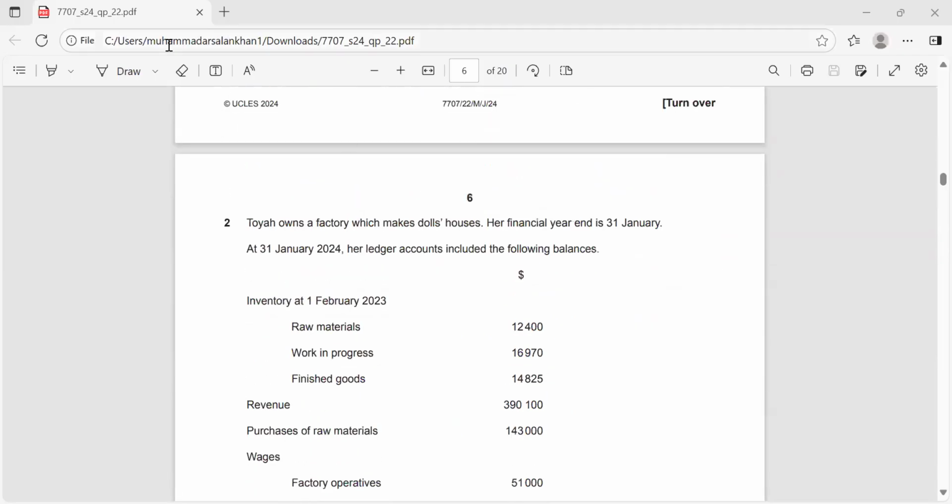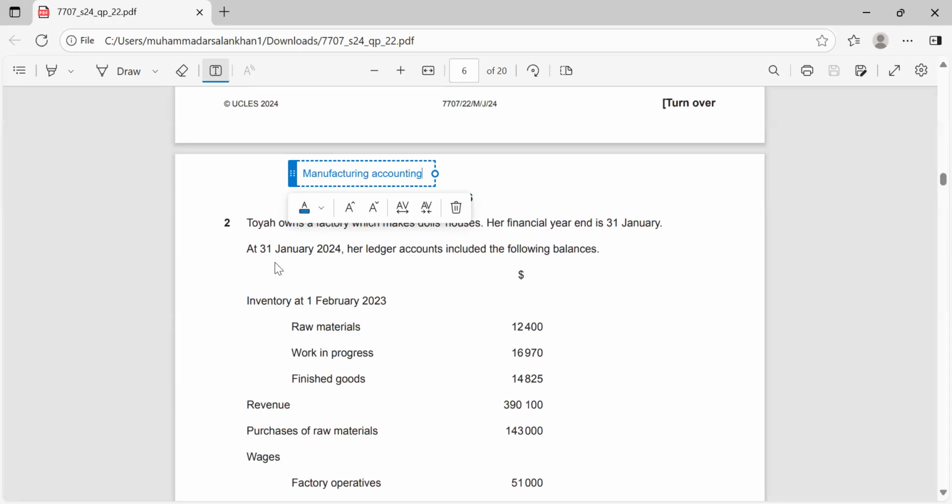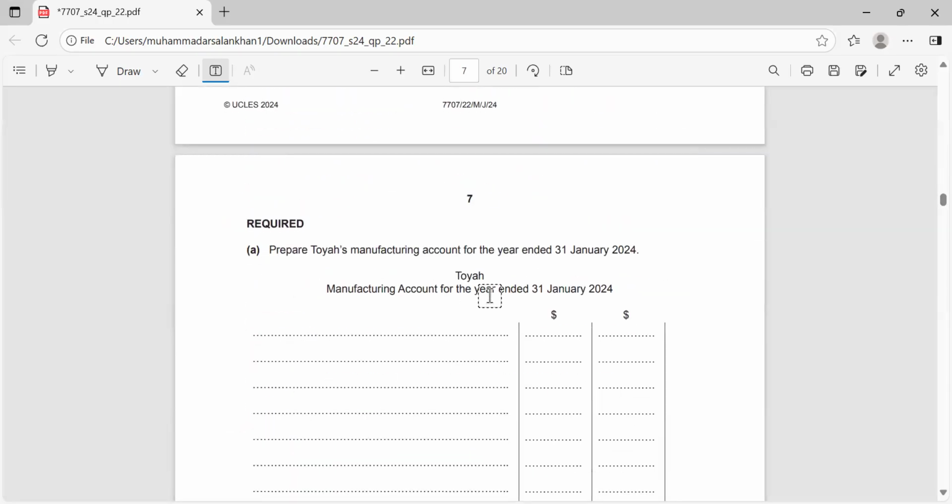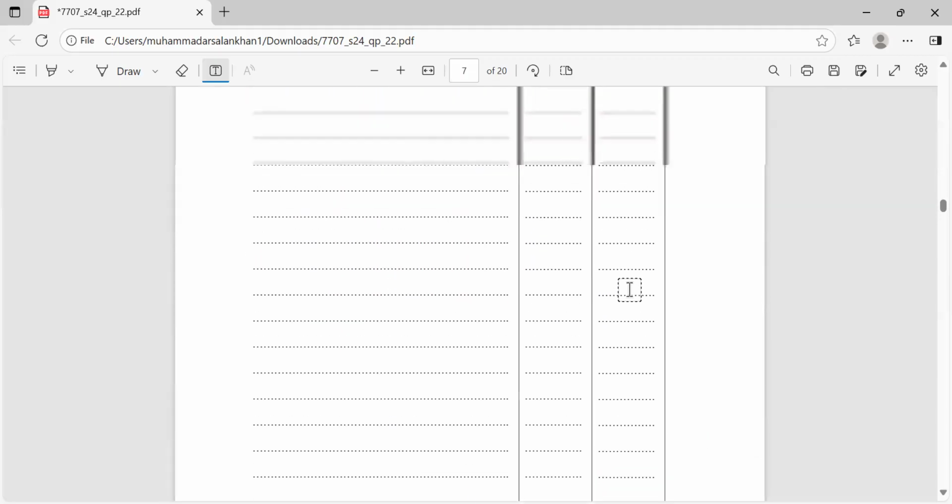Okay, it is a full question of manufacturing, and in the first part they have asked us to prepare the manufacturing account. For the January 24 session, it carries 9 marks.